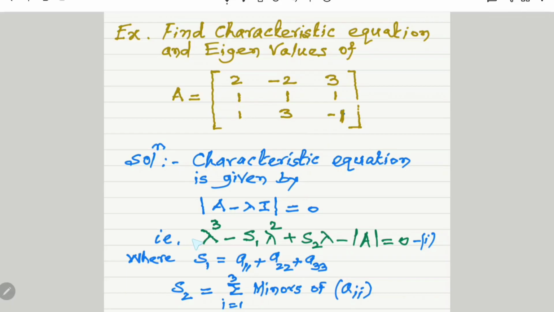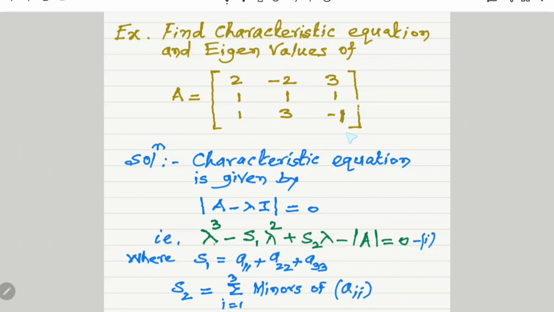By that shortcut method, characteristic equation is obtained by lambda cube minus s1 lambda square plus s2 lambda minus determinant of A equal to 0, terms alternately positive and negative, where s1 stands for sum of the principal diagonal elements a11, a22 and a33.